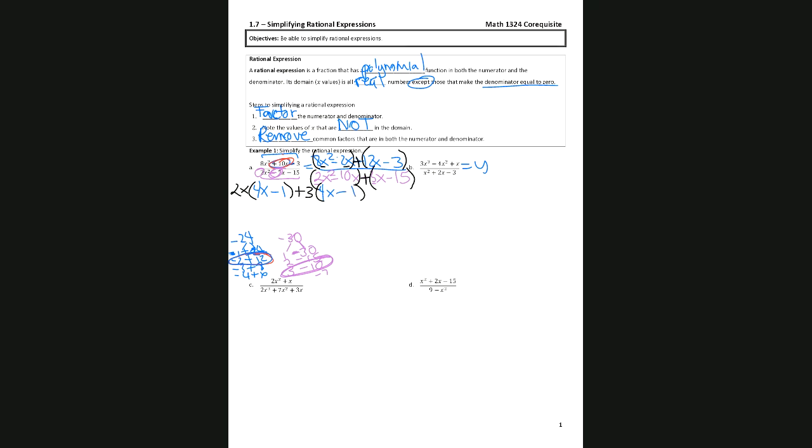So now we're going to do the same thing for the denominator. First group, we're going to factor out 2x. Well, same group, sorry. 2x squared divided by 2x will give me just 1x.